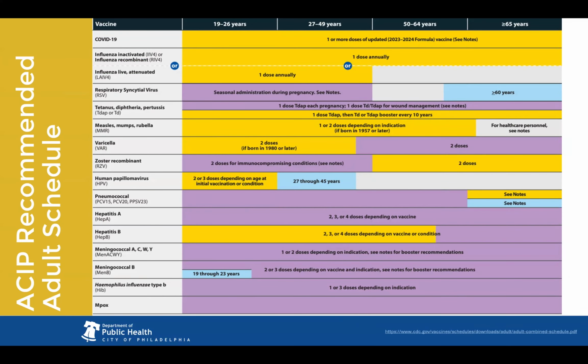And here is a look at the ACIP recommended adult vaccine schedule. Adults who may have missed this vaccine can still get it. However, you won't find the IPV listed on the adult vaccine schedule, and that's because the first dose of the series can begin at any age. The second dose can be 1 to 2 months after the first dose.